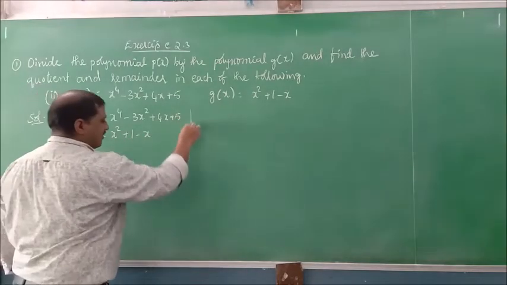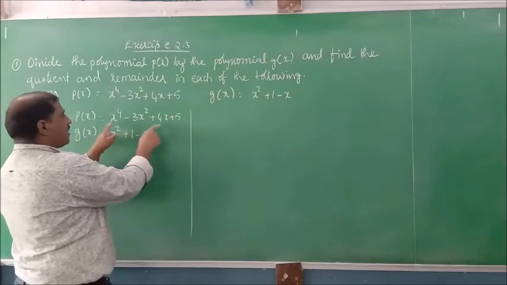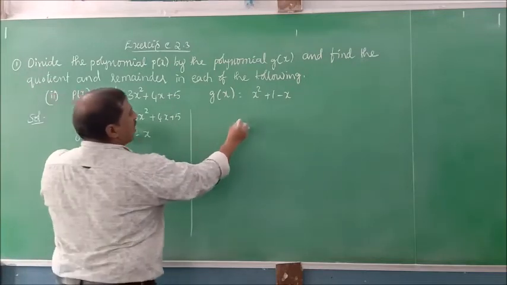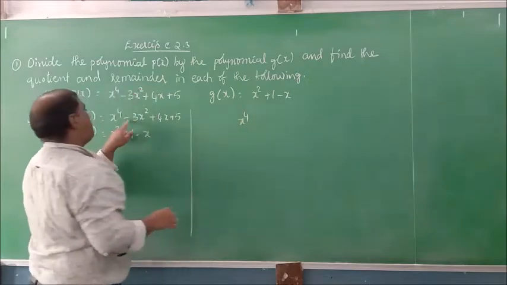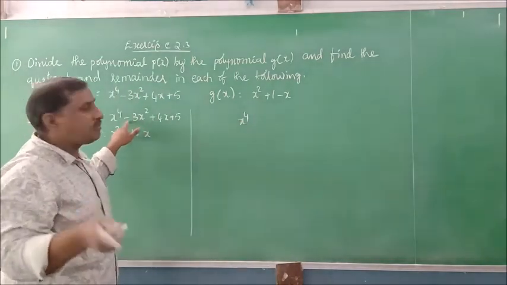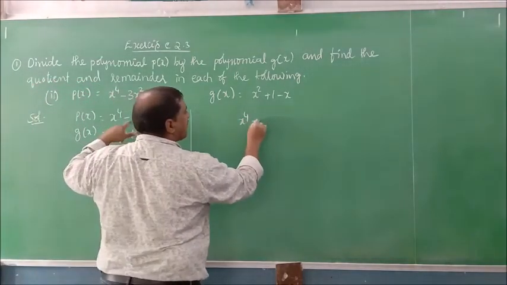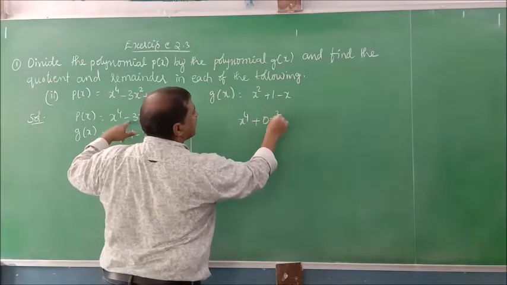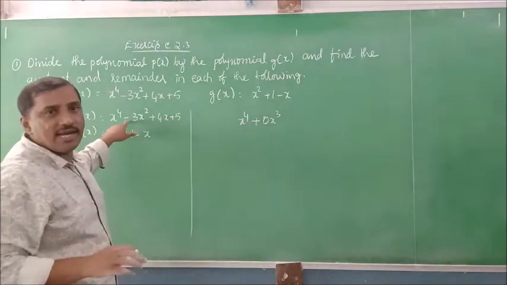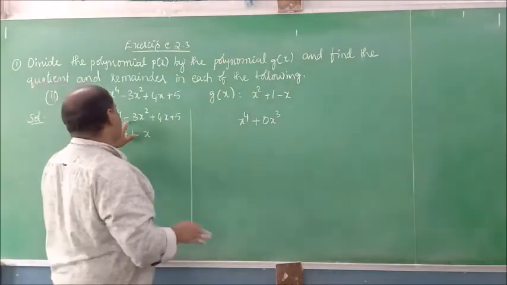So now we need to divide. This dividend is x to the power of 4 minus 3x square. Here the x cube term is not there. So write this as 0 x cube, or simply 0 you can write.